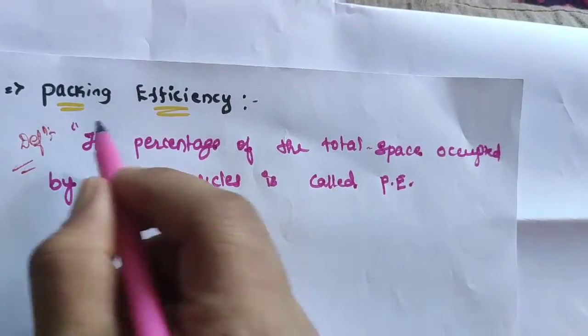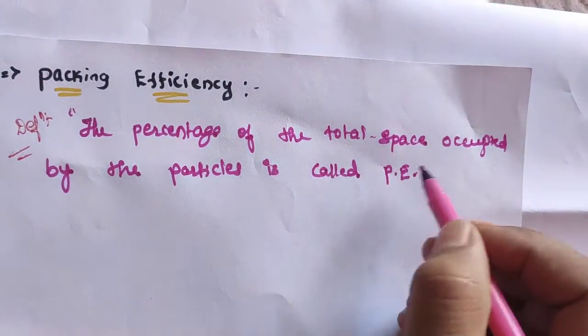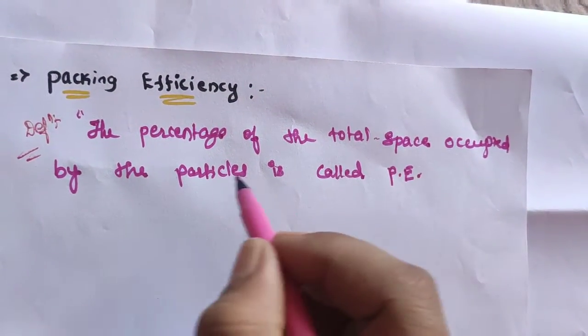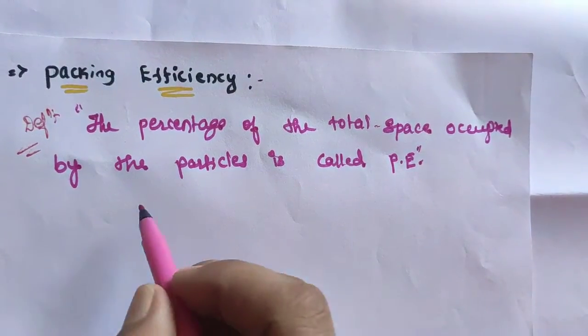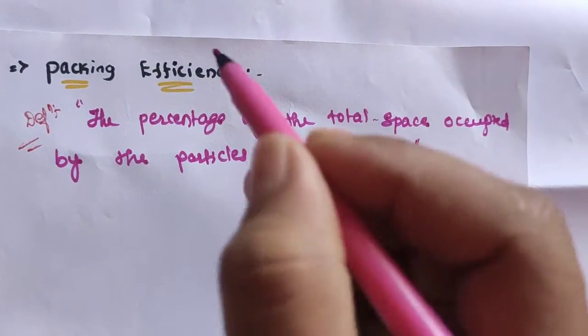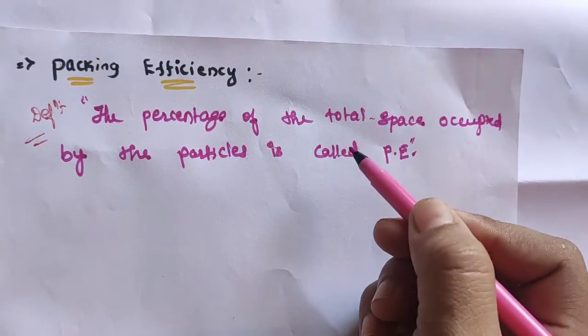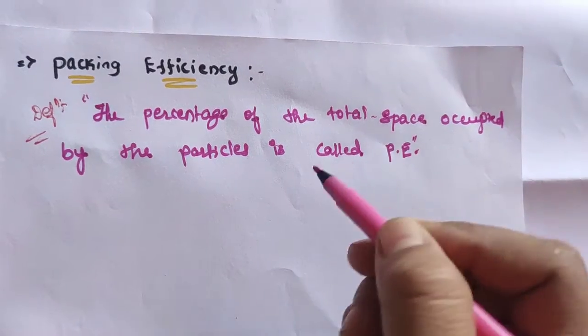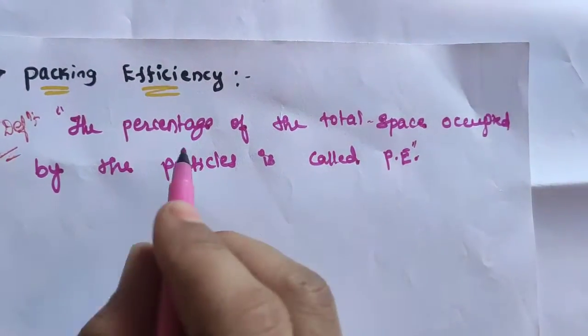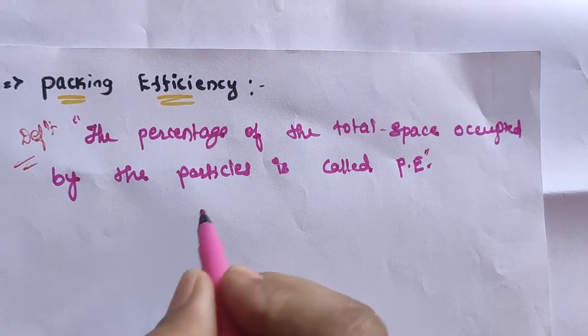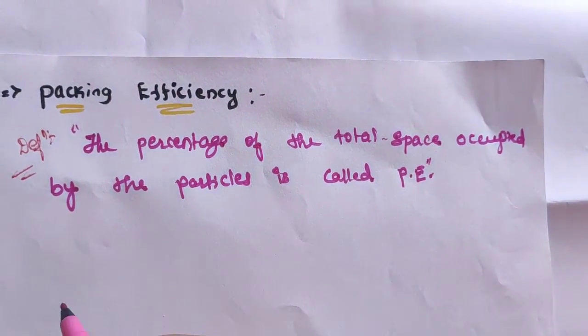See here, the percentage of the total space occupied by the particles means, in a given unit cell, how much percentage of the total space is going to be occupied by the particles is determined by using packing efficiency. So this is the definition of packing efficiency.